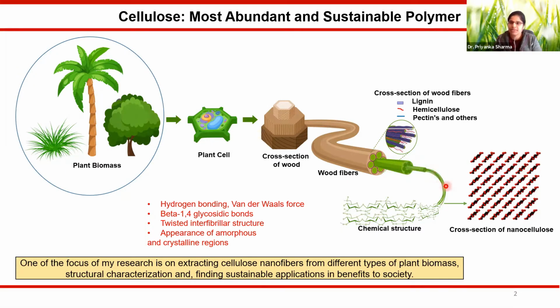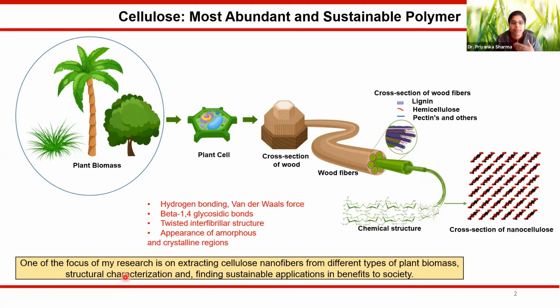These cellulose fibers are basically multifibrillar structures that are interconnected by different hydrogen bondings and van der Waals forces. If you see the chemical structure of these cellulose fibers, they are comprised of anhydroglucose units interconnected by 1,4 beta glycosidic bonds. Due to the complexity of the chemical structure, it is very difficult and an intensive process to defibrillate these cellulose fibers.